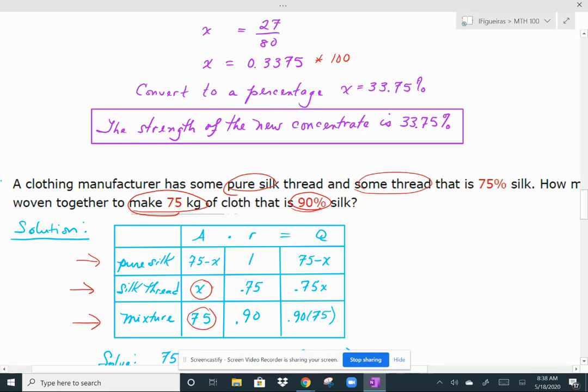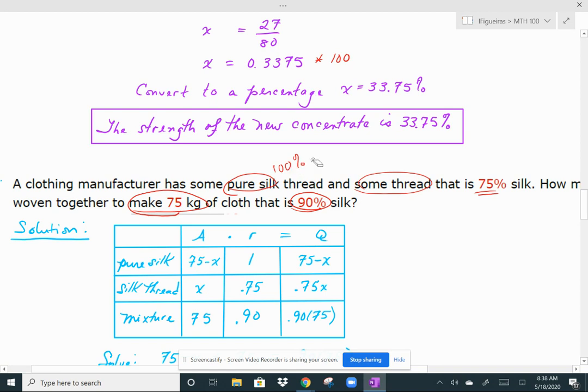So now that you have established your amounts, you can now use your percentages. Notice that pure silk means that there is no other ingredient in that thread other than silk. So that percentage is 100%. How do you convert 100% to a decimal? Well, that has a rate of 1. Then the other thread is 75%, so that's 0.75. And remember, you wanted to create a 90% silk thread, so that's 0.90.